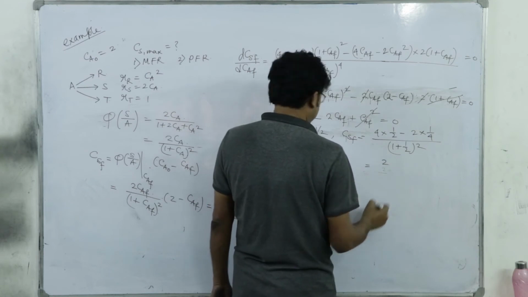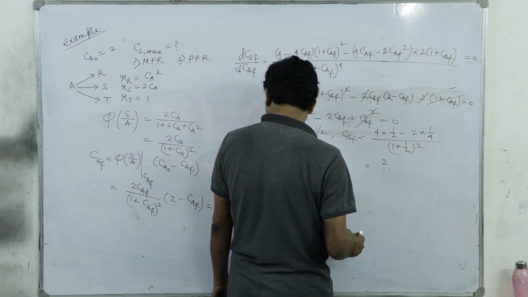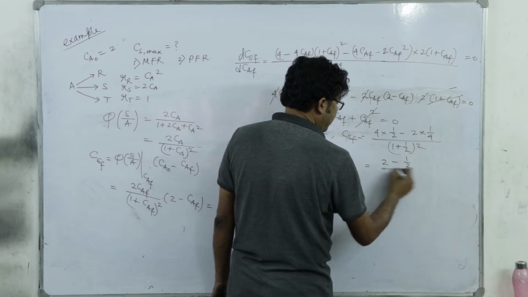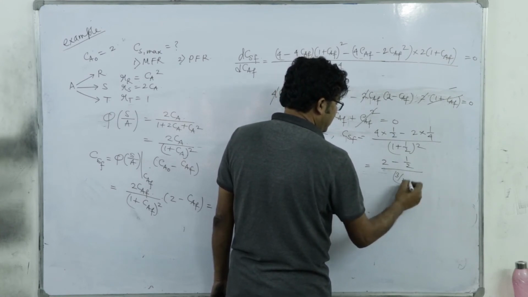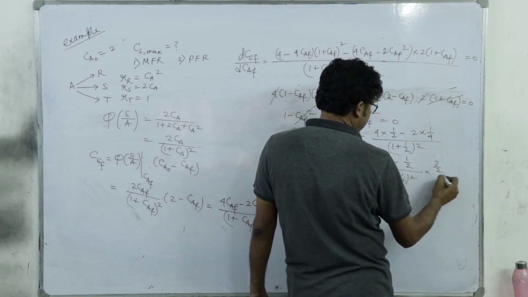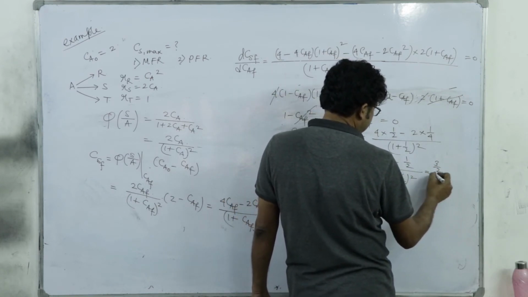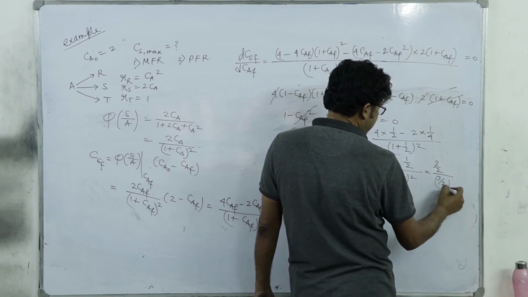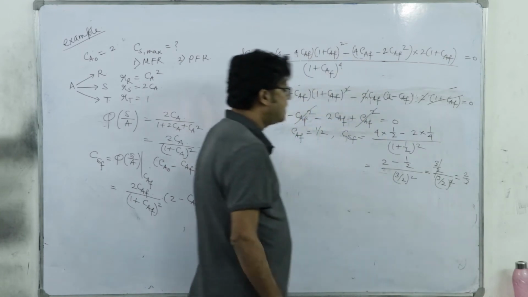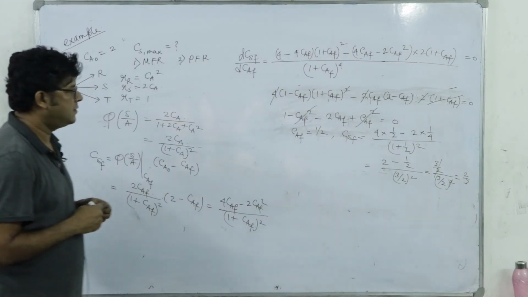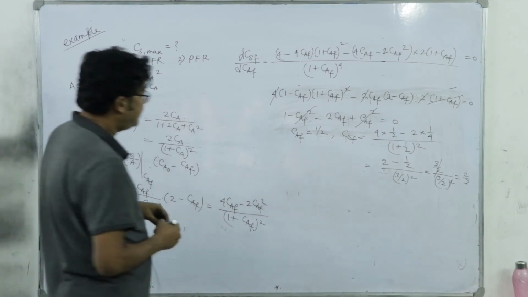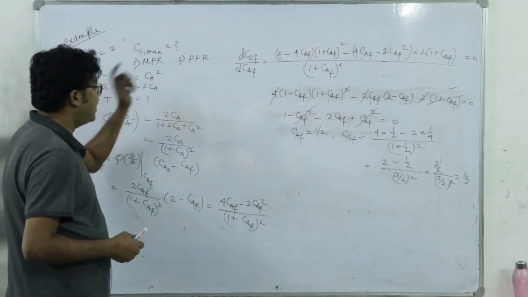So that is 2, 4 into half, 2 minus half, 3 by 2 whole square. So that is 2 by 3. That's the final concentration of CSF in MFR.